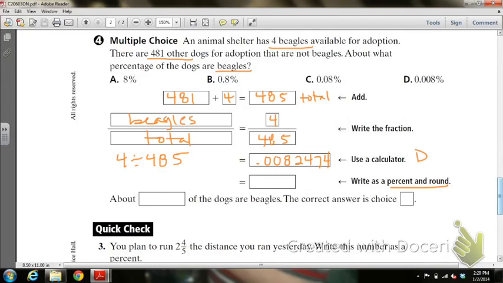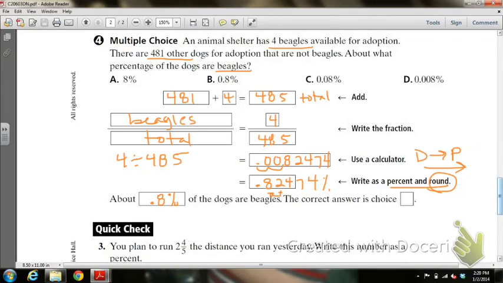So if we're going decimal to percent, that's correct alphabetical order, so we're going to go to the right, 1, 2, so it becomes 0.82474%. It says to round it, so it's about 0.8%, because after the 8 comes a 2, and the 2 is not going to round that 8 up to a 9, it's going to keep it as an 8.